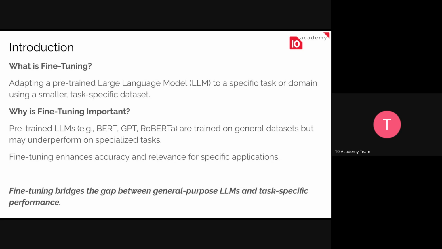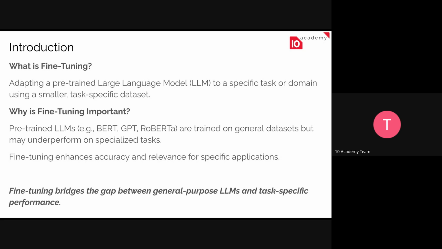Even for programming, you can see the difference between languages. Since there is a lot of data for Python and Java, they could perform better than for the others. So fine-tuning enhances their accuracy and relevance for a specific application.